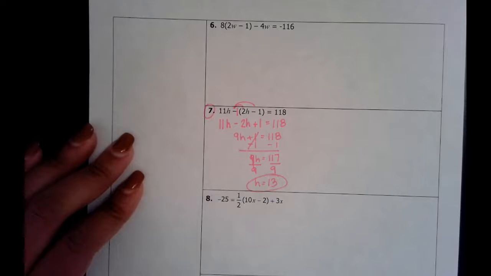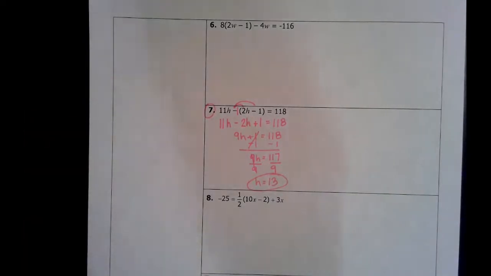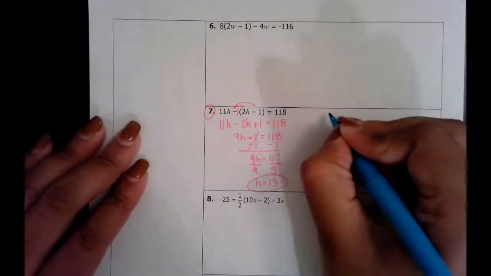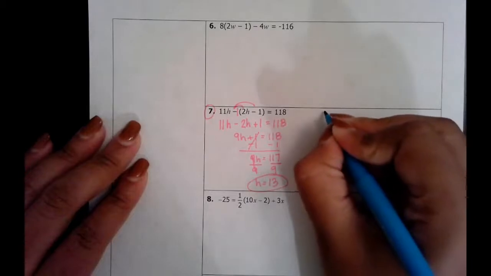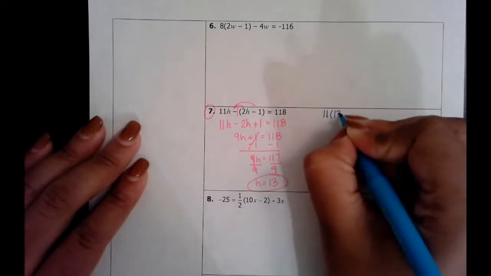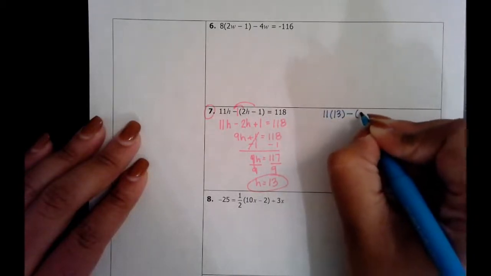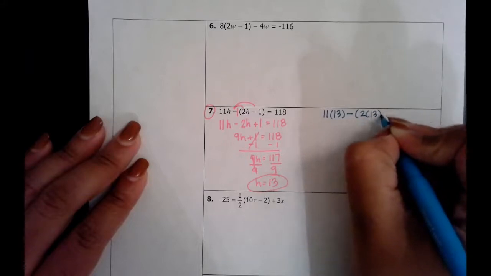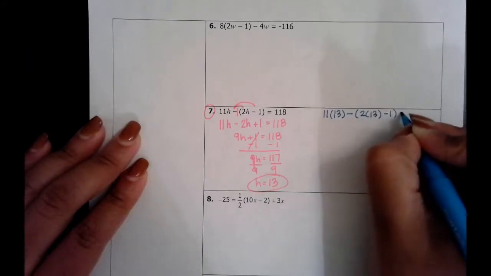Double check our work. We have 11 times 13 minus 2 times 13 minus 1 equals 118.